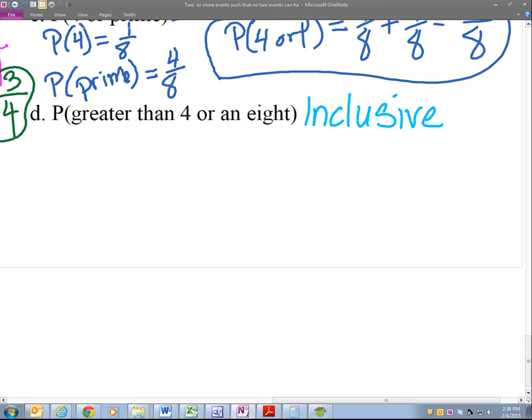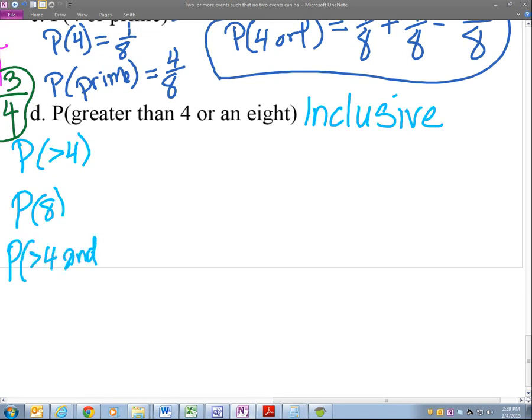We are including those 2 together because 8 is greater than 4. So we have to find the probability of a number greater than 4, the probability of a number that is 8, and the probability of greater than 4 and 8.